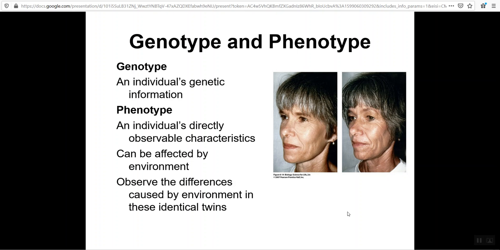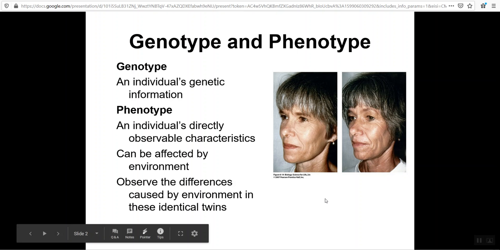That's because their genetic information is identical, but how that information is expressed in their phenotype is slightly different. So that explains the very slight differences in identical twins that you may only be able to notice if you know them very well, or obviously the parents. But that's really the most obvious example of genotype and phenotype.